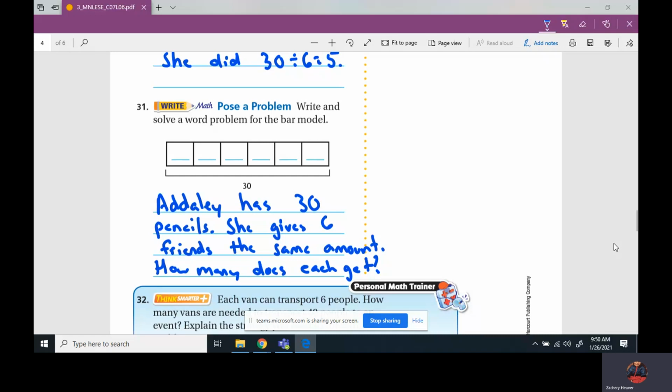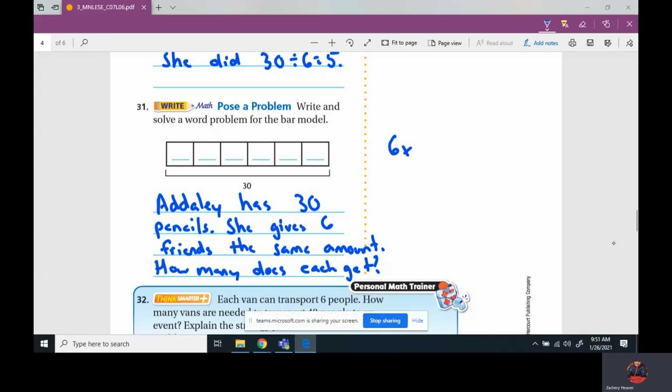So what are our 2 equations going to be? We have a multiplication equation and we have a division equation. What's the multiplication equation going to be, Jack? How many boxes do you have? No, wait, 6 boxes.